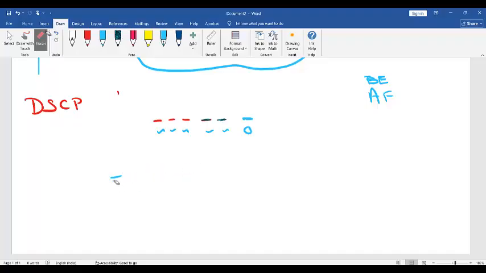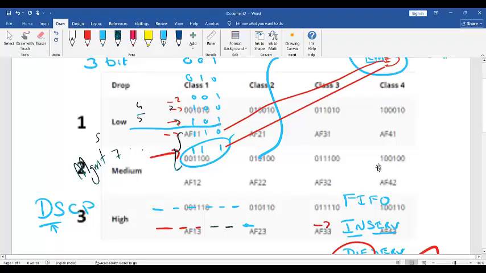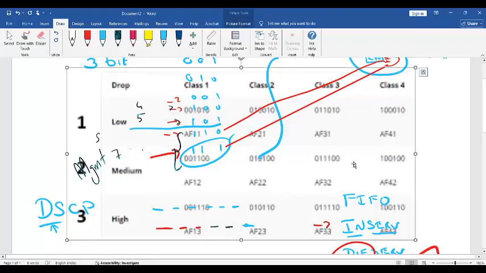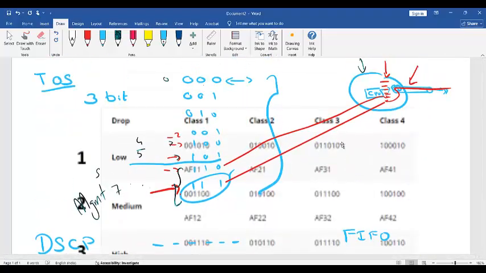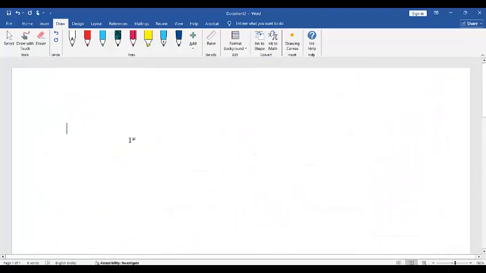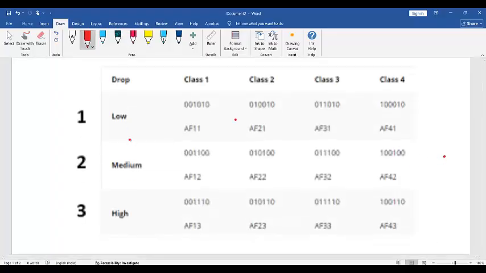Now I'm going to bring one table called the table of DSCP drop precedence. Then I'll explain. Now you see this is AF11.